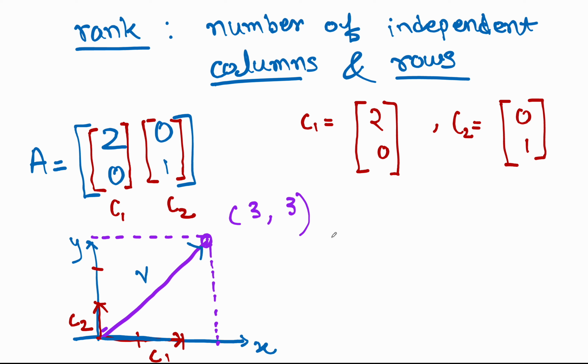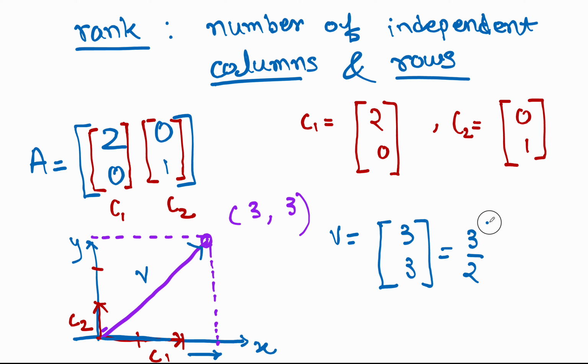It can be written as, okay, this vector v has 2 components 3 3, and if you see the C1, we have to stretch this C1 by this value. We can do that by multiplying 3 by 2 to the first vector, which is 2 0.